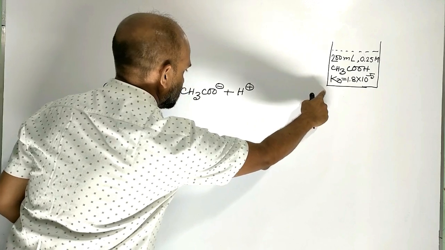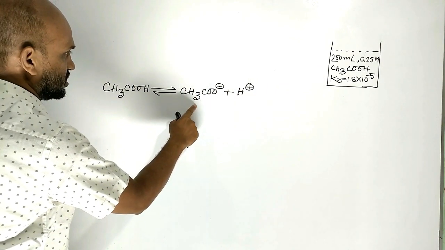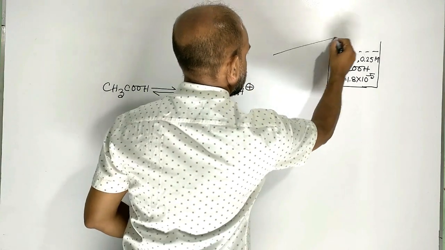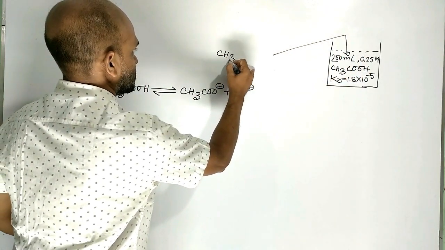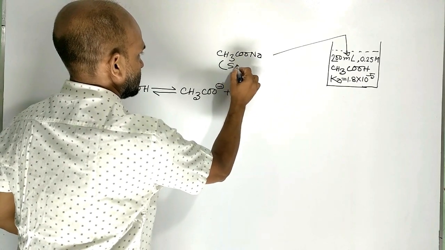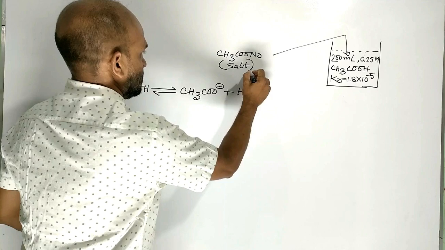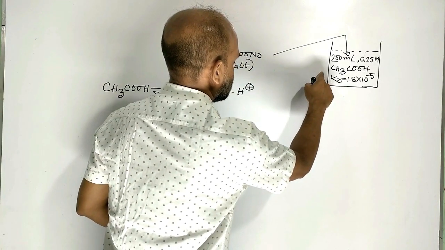In this solution, acetic acid ionizes in this way when sodium acetate salt is added to this solution.